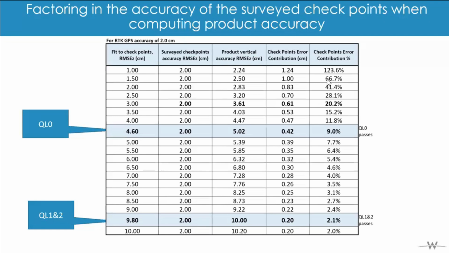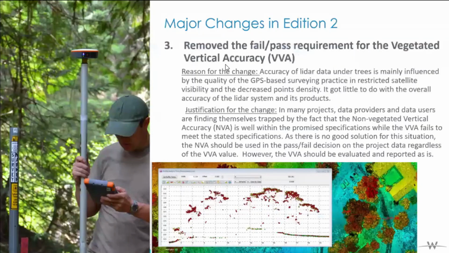We ignored it in the past, so you cannot ignore it. You have to add it now. And if you are after 1 centimeter product accuracy, that 2 centimeter represents 123.6% of the product error of the deliverable product.